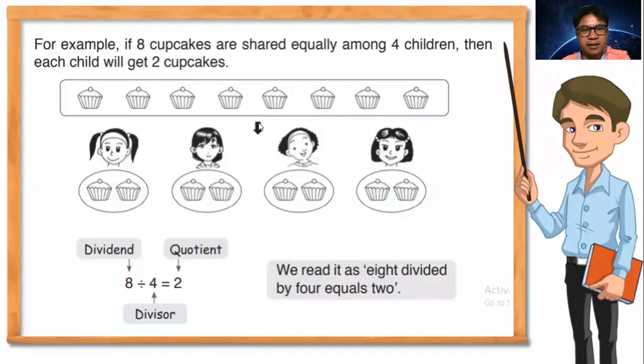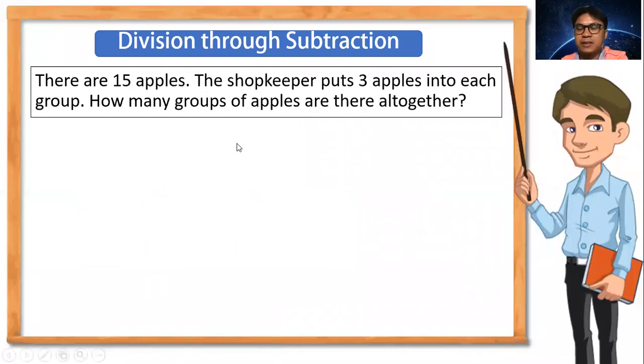Okay, next here, as I have said a while ago, division is a repeated subtraction. So let us learn today, as part of our review, division through subtraction. Example here, there are 15 apples. The shopkeeper puts 3 apples into each group.